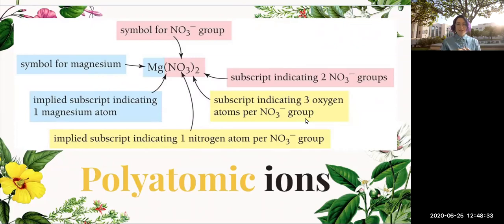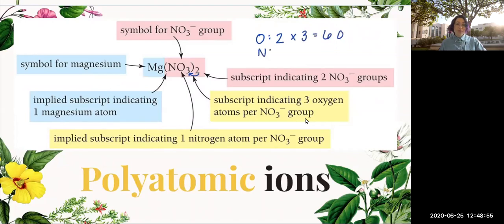So if I wanted to calculate how many oxygens are in this chemical formula, how many oxygens do you think there are? There are 2 groups of NO3. So there's 2 times 3, so there's 6 oxygen atoms.